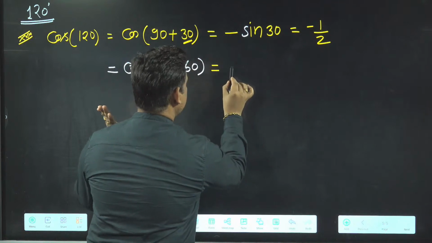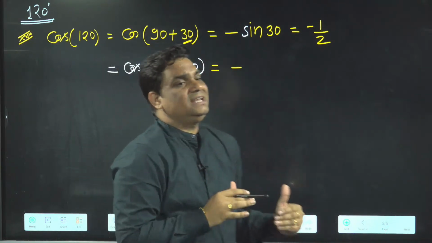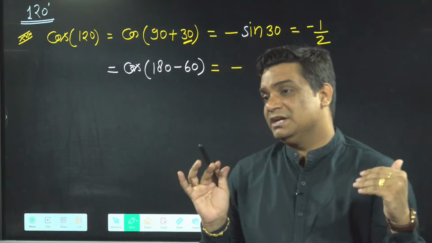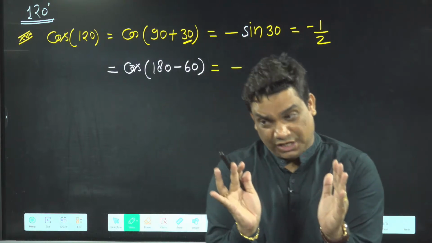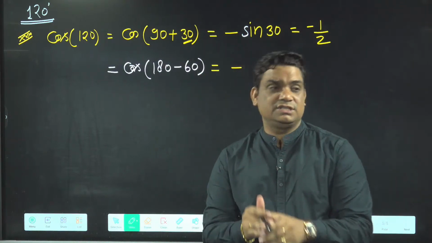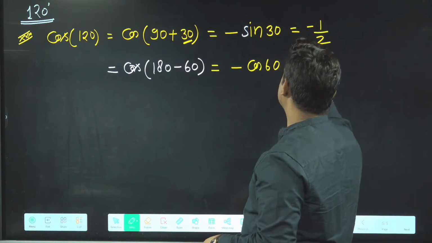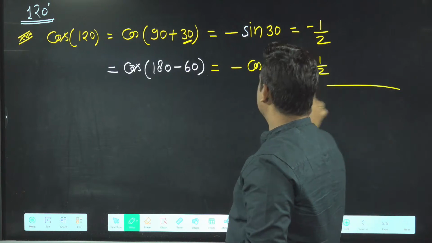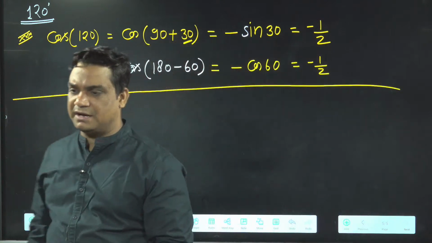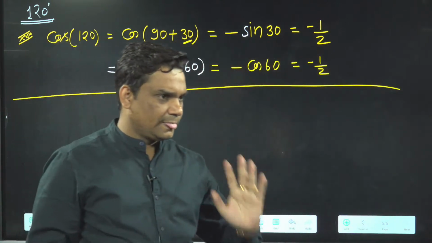This is going to be minus. But when you write 180, it will change or will not change? With 180, it is not going to change. So it will remain as cos 60, and cos 60 you know is the same. So you can do it either way, it does not matter. Clear?